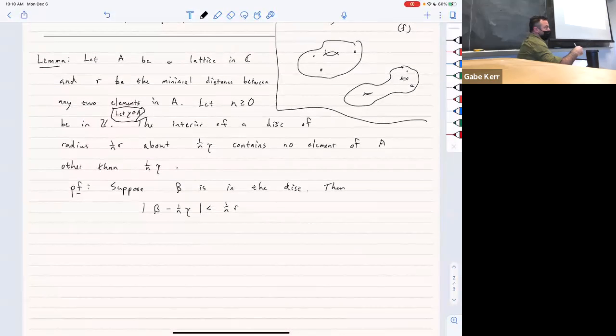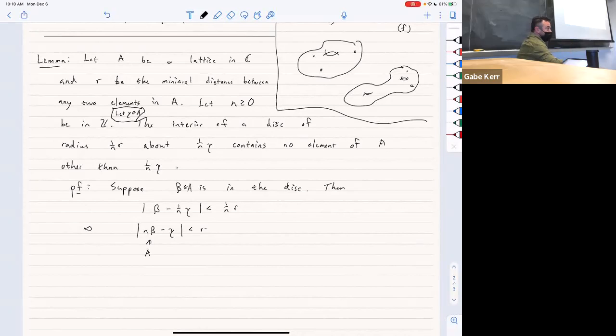Multiply everything by n. Take absolute value or norm. The n will come in, so I'll get n beta minus gamma. But this is in the lattice, so I'm assuming beta is an element of my lattice.